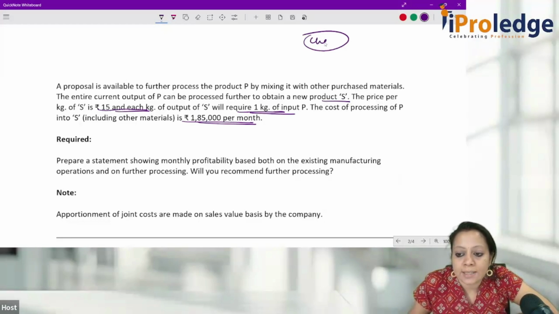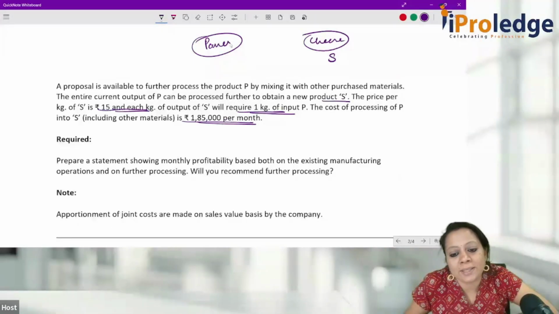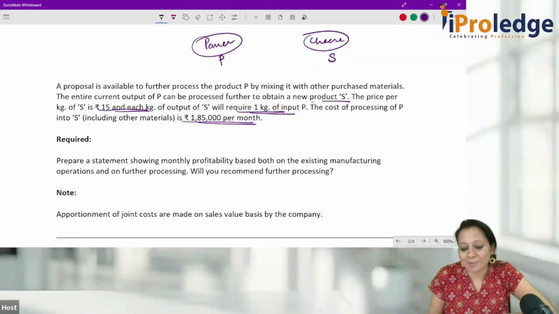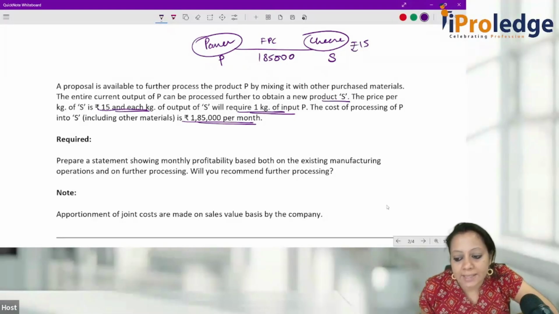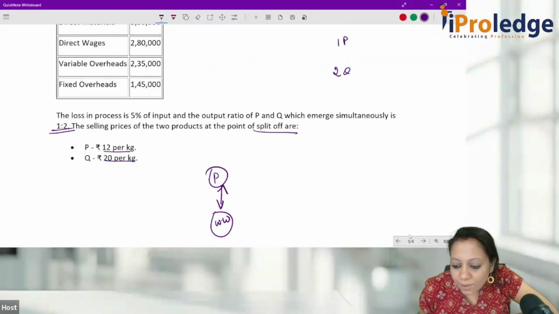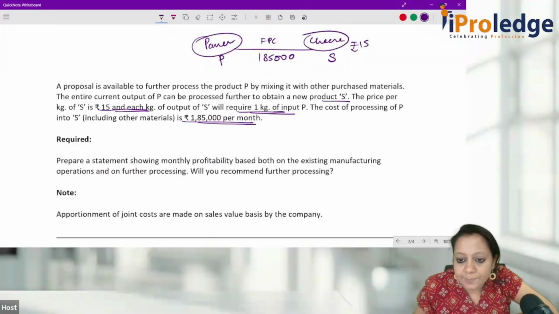So cheese is S, and paneer is P in this question. Further processing cost is going to be 1,85,000. And here the selling price is going to be rupees 15, and here the selling price is rupees 12.